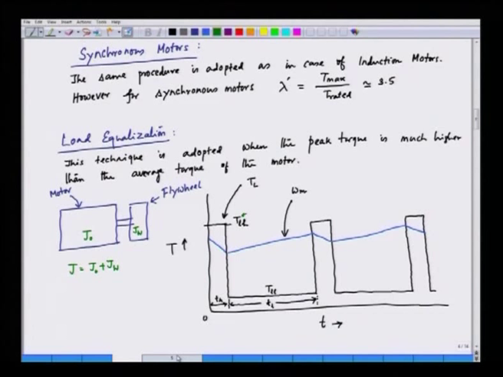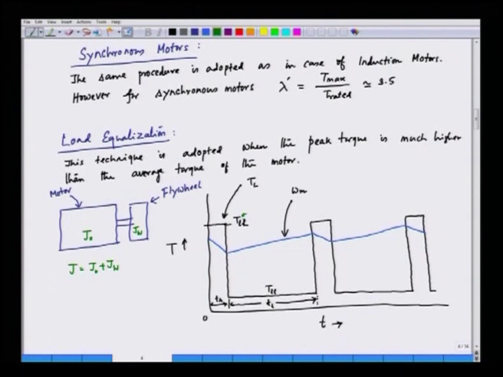So, we go back to our previous diagram which we have drawn showing the torque variation, and in the same diagram we will try to draw the variation of the motor torque, that is capital T. The motor torque will vary like this, exponentially.